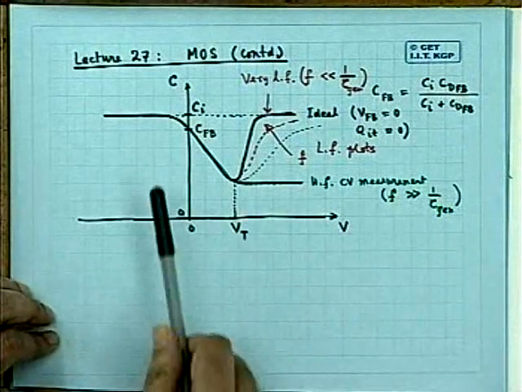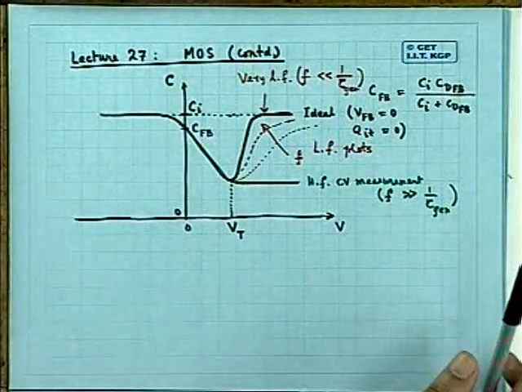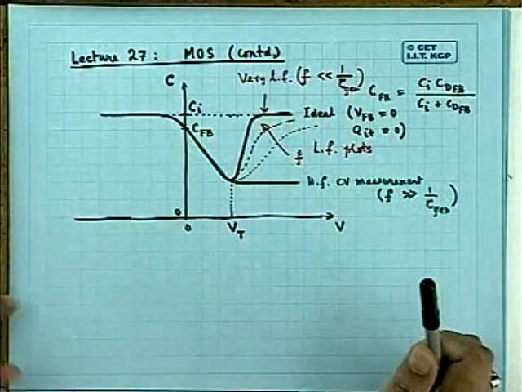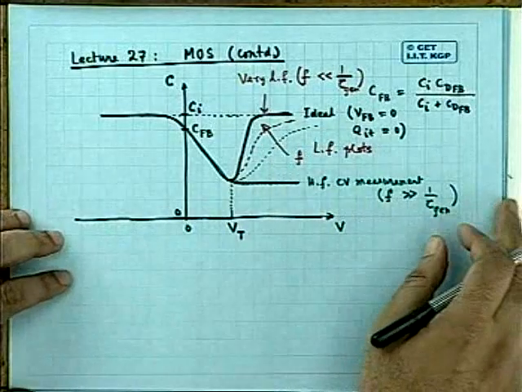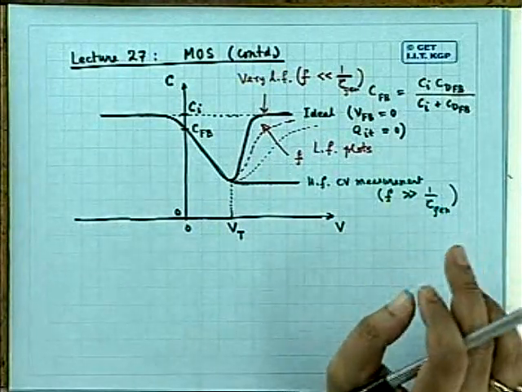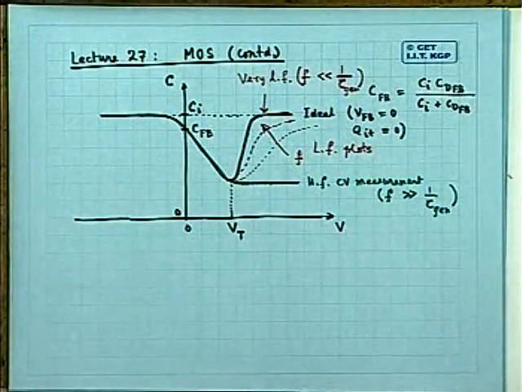Now, this derivation, which we did for plotting the ideal CV curve, was found to be a little bit more complex than a simple derivation, because you had to integrate and there is a function of f and all these complicated things.